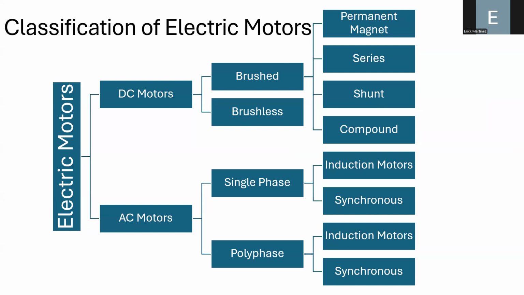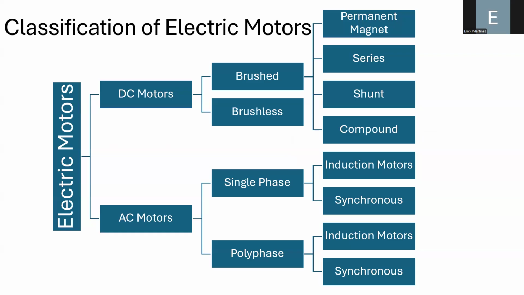And we can classify brush DC motors into permanent magnet DC motors, series motors, shunt DC motors, and compound DC motors.